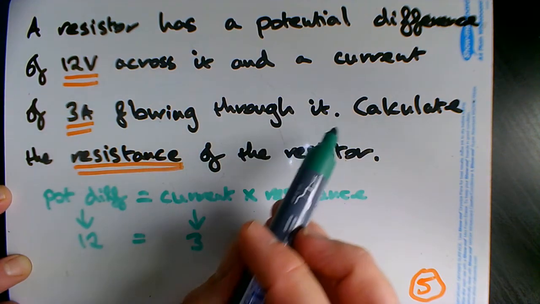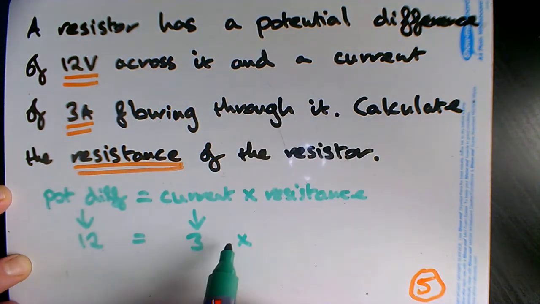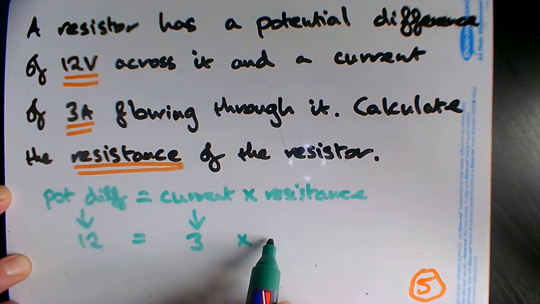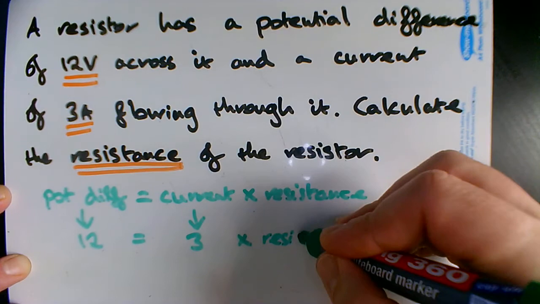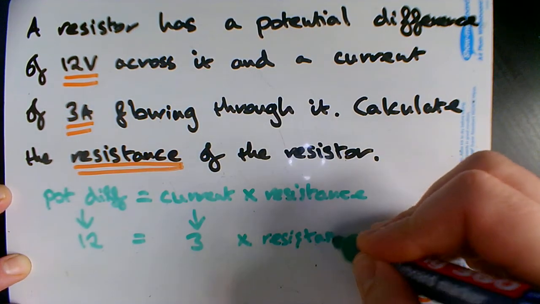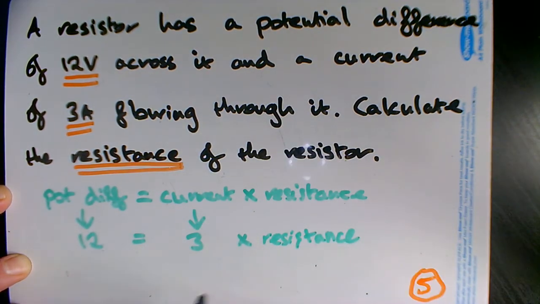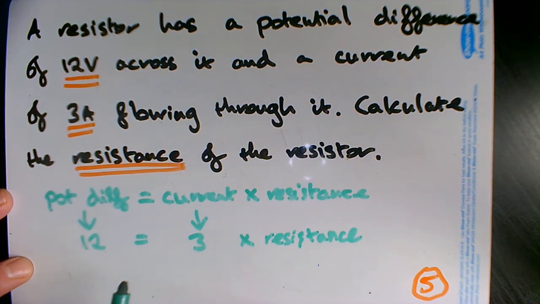Oh, hang on a minute, it's asked me to calculate the resistance, so I don't know what that is. I'm just going to write resistance. I need to get resistance on its own in this equation. I've got times by 3 on this side, so I do the opposite operation to balance it out. 12 divided by 3 cancels that and leaves me 12 divided by 3 equals resistance.